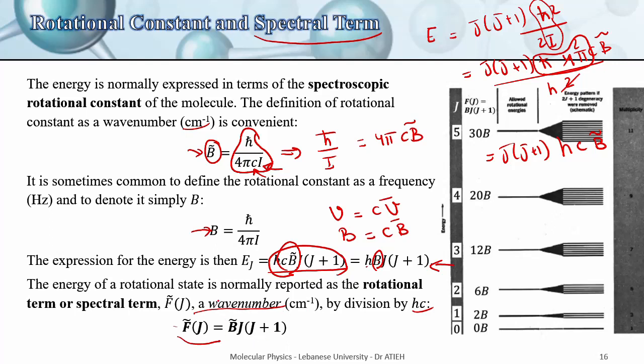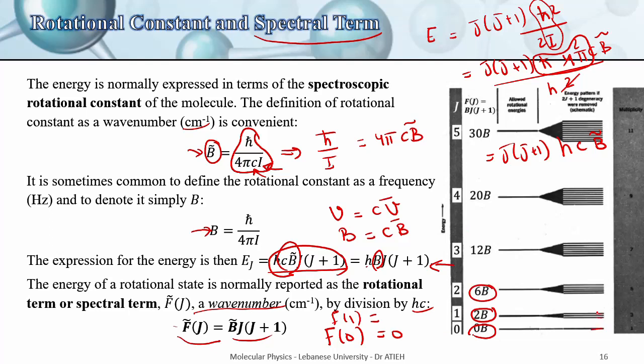Now before moving to the next slide, let's take a look at this diagram here. You can see if we substitute for J equals 0, we will get the first wave number, F(0) is equal to 0. And then for J equals 1, we will get 1 times 2, it will be 2B. And then for J equals 2, we will get 6B, and so on.